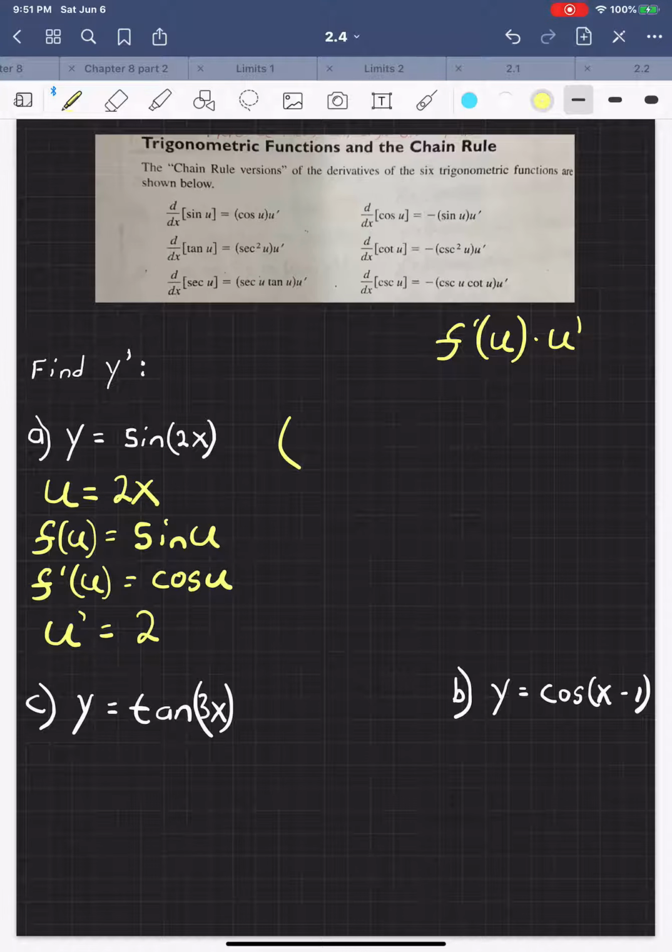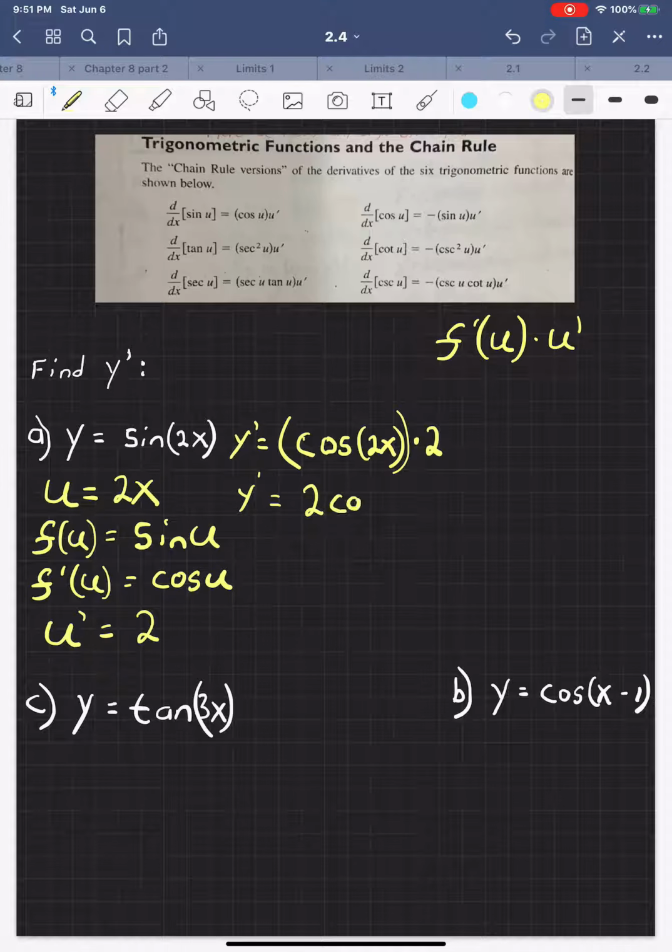So f prime of u would be cosine of 2x, and that would be times u prime, so times 2. So y prime is equal to 2 cosine of 2x.